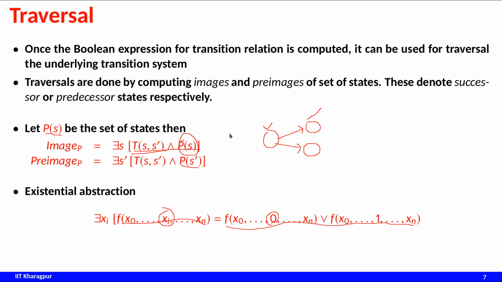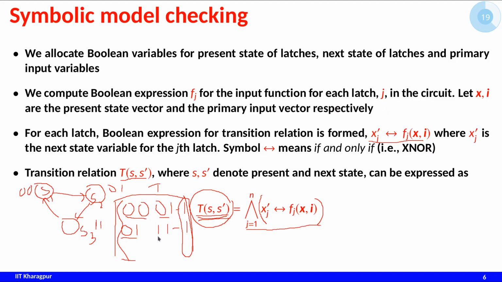Now on this transition table, if somebody provides me the next state, and if we do the same operation like ps prime and t, that will give me the set of rows in which the next state will be provided by ps, and I can reach that state from this set of present states.